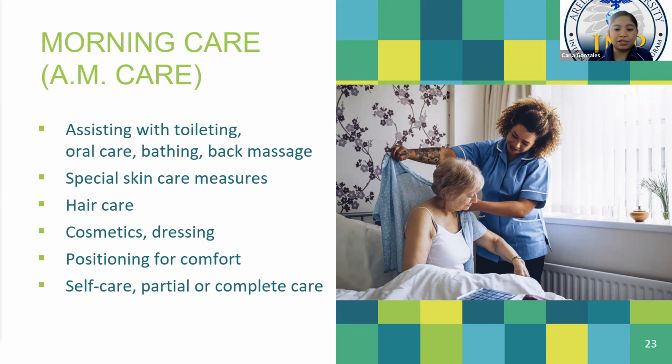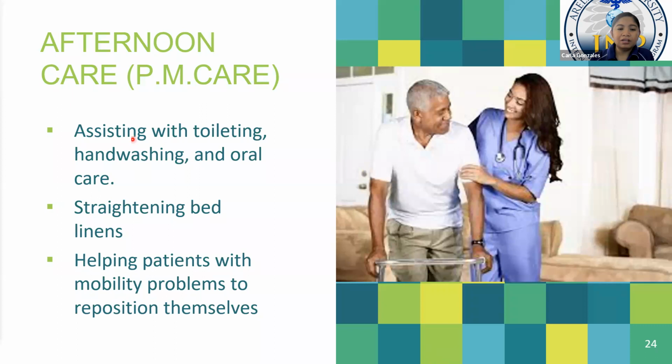So that is morning care. In the afternoon, we could assist them with toileting, hand washing, and oral care. Before they go back to bed, we help them straighten their bed linens. If they need to mobilize or reposition themselves, we can also do that.